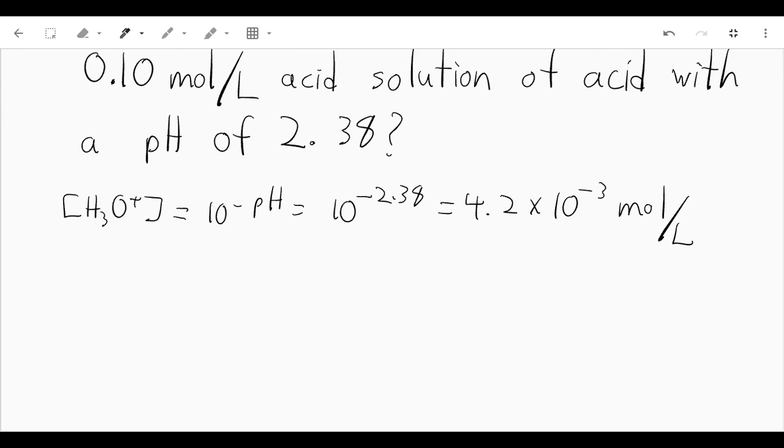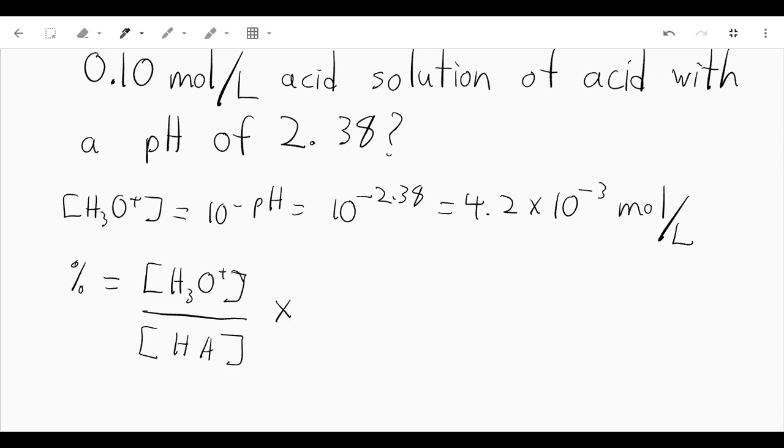Okay. Our percent ionization is going to be equal to our hydronium ion concentration over our original acid concentration. Remember, HA is the general formula for an acid, and we're going to multiply that by 100%.